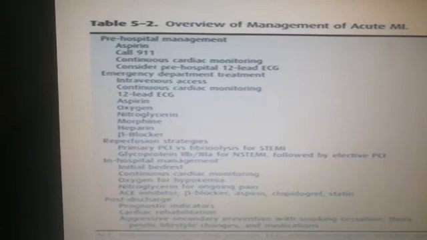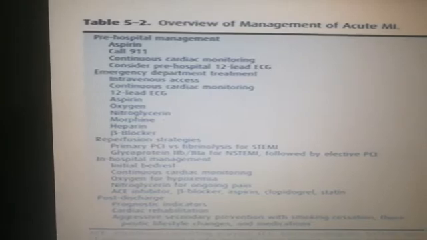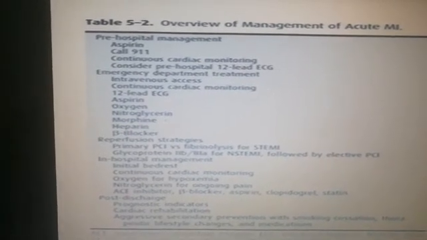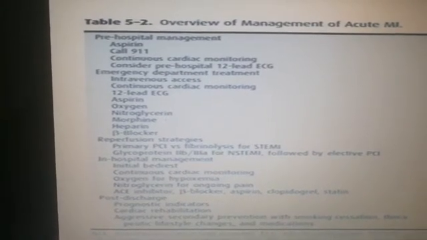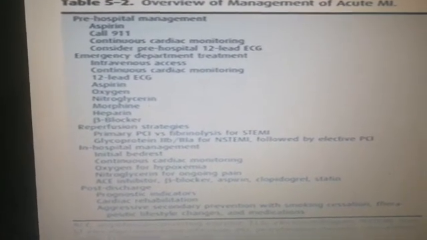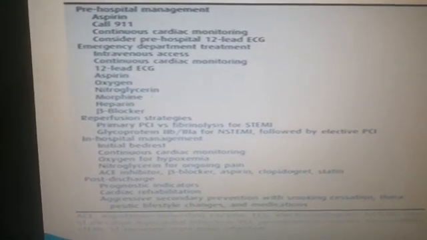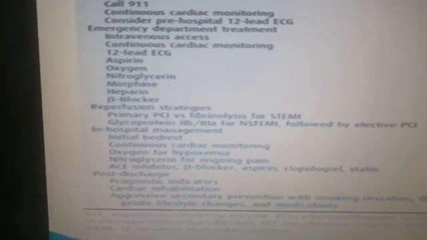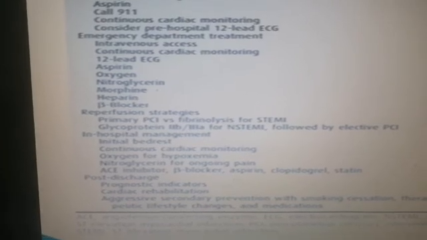Intravenous access, continuous cardiac monitoring, 12-lead ECG, aspirin, oxygen, nitroglycerin, morphine, heparin as anticoagulant, beta blockers as an antihypertensive, and then reperfusion strategies: primary percutaneous coronary intervention versus fibrinolysis for STEMI, glycoprotein 2B/3A.